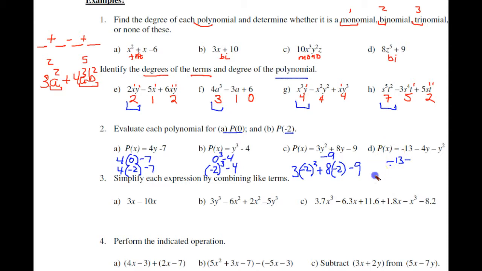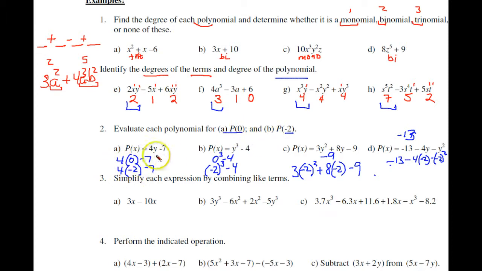And then when we put a negative 2 in there, that one is negative 13 for the first one. Then this one, negative 13 minus 4 times negative 2 minus negative 2 squared. Okay, we've done the substitution of these now.